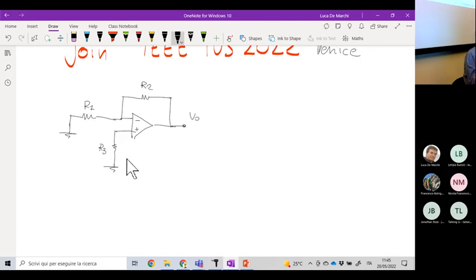So inputs null, either the input being applied at this node or this one, no matter what, but we are considering the input nodes. However, there may be some currents, undesired currents flowing in these branches.